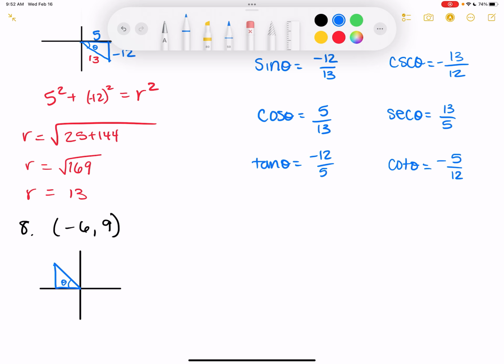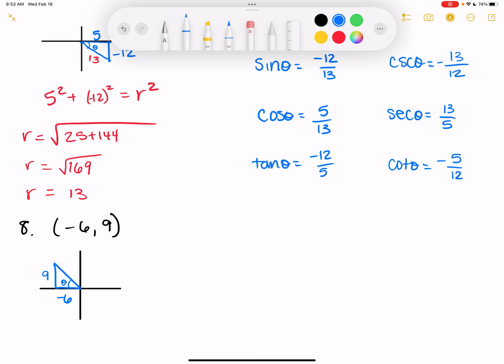I drew this one a little bigger so I could actually fit my theta in there. Alright, so then we said the x is -6. Y value is 9. So then what is my r square, or my r?